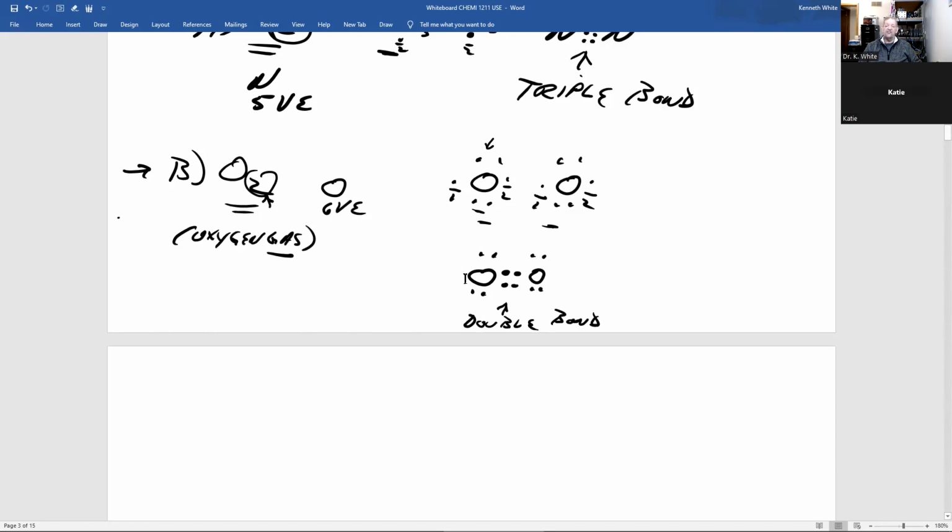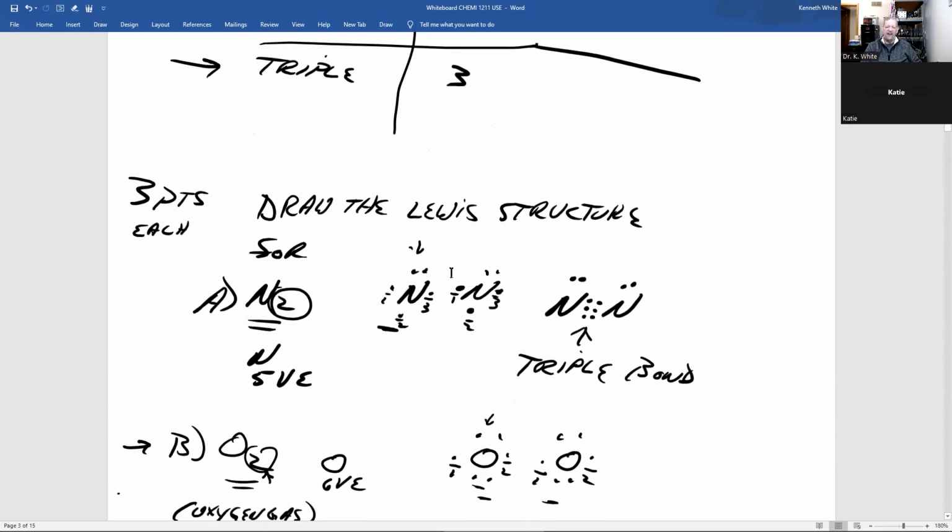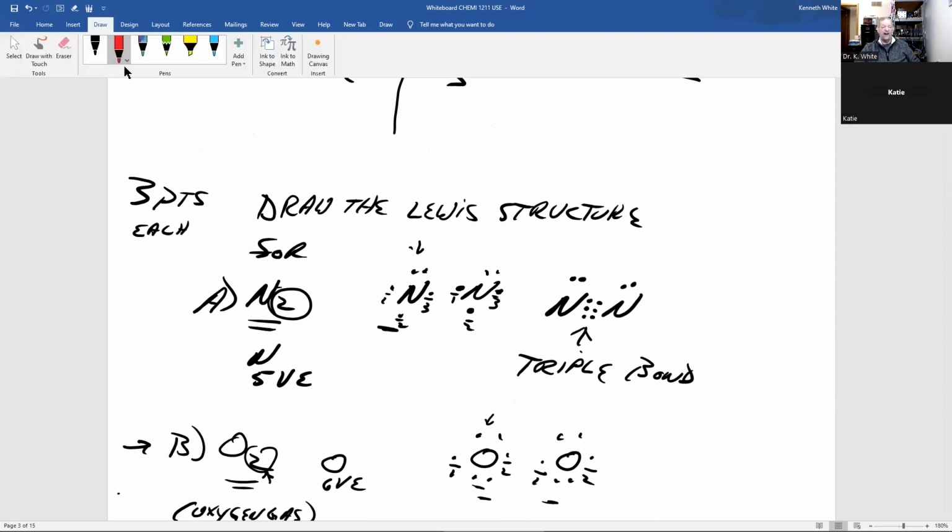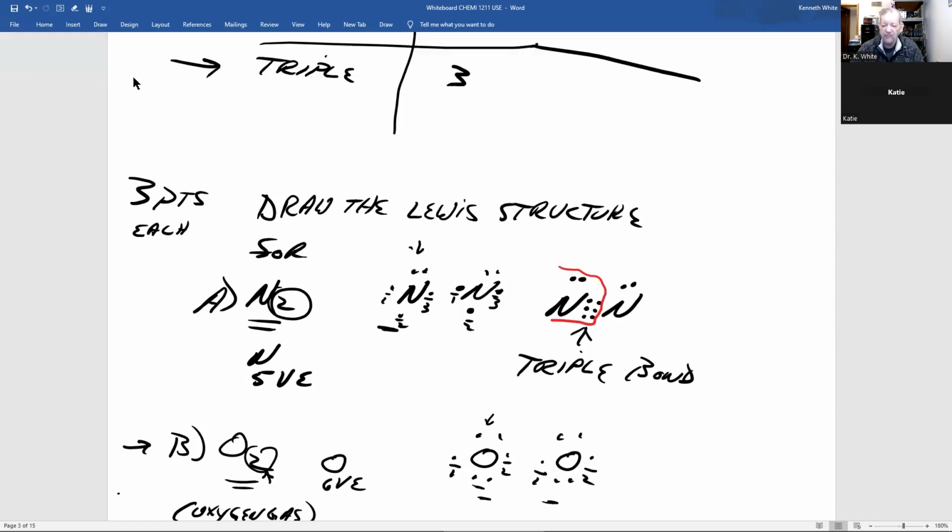But it's true. Now, the one thing I forgot to point out is the octet rule. In covalent bonds, elements share electrons to get 8 valence electrons, an octet. The exception is hydrogen. But if we look here, that's both shared and non-bonding electrons: 2, 4, 6, 8.